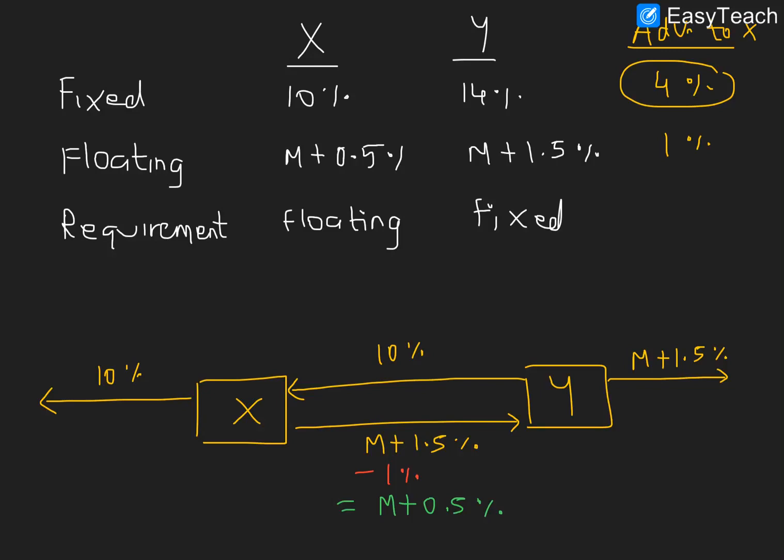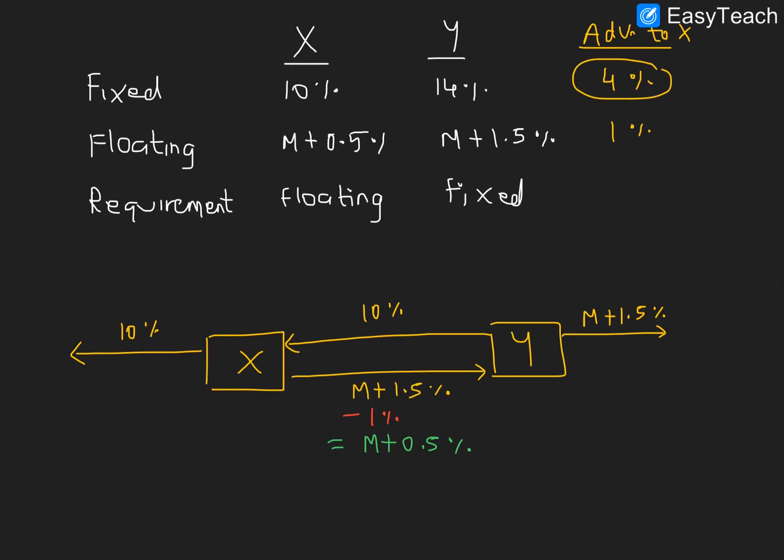But then Y will be still okay with this, because if you observe the cost for Y over here, he's paying MIBOR plus 1.5%, he's receiving MIBOR plus 0.5%, and he's paying 10%.